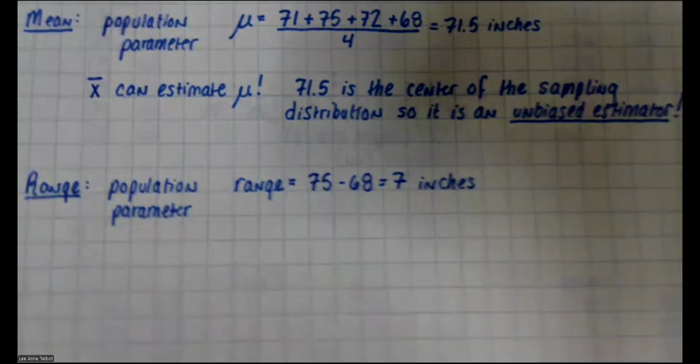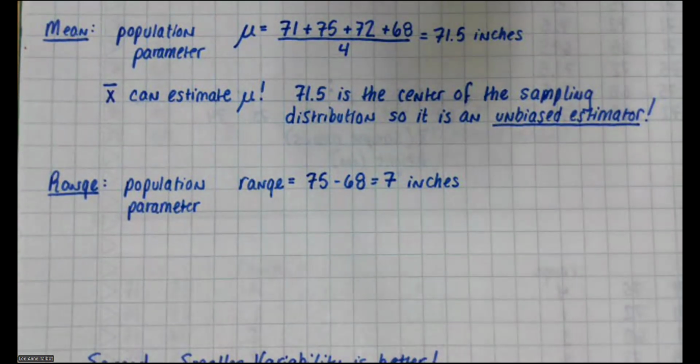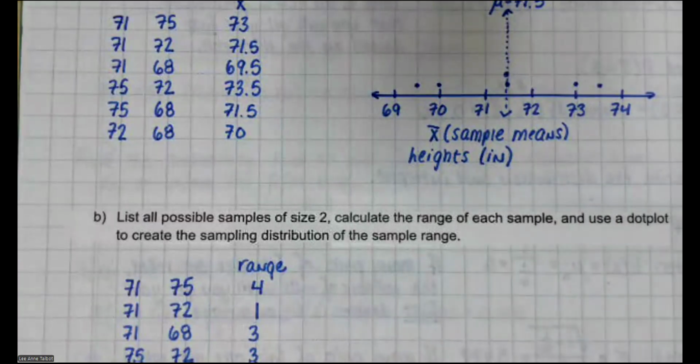Okay, now 7. Flip back to your range dot plot from yesterday and find 7 for me.